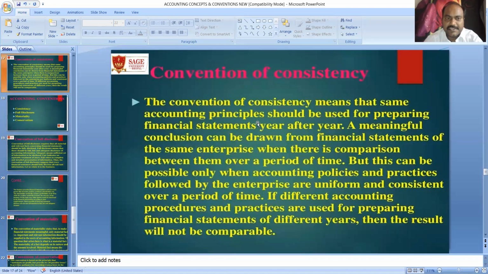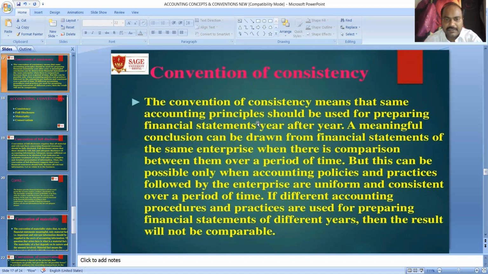What is the convention of consistency? The convention of consistency means that the same accounting principles should be used for preparing financial statements year after year. That is, a meaningful conclusion can be drawn from financial statements of the same enterprise when there is comparison between them over a period of time.